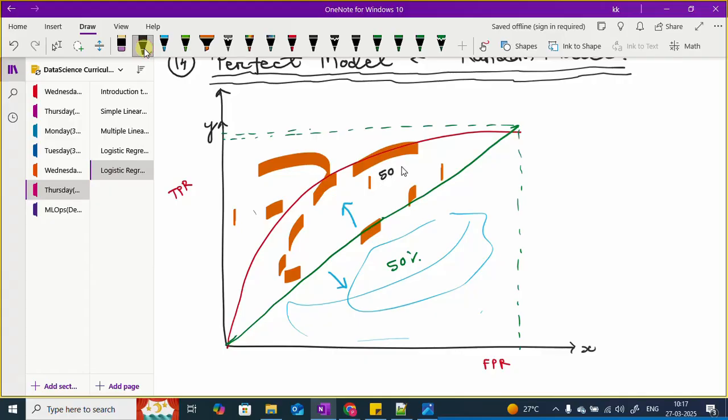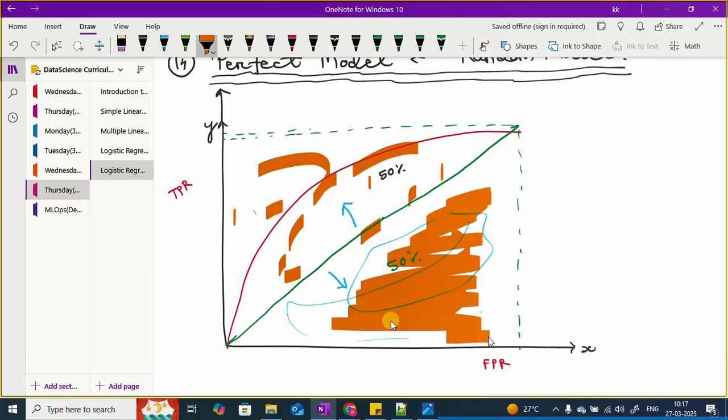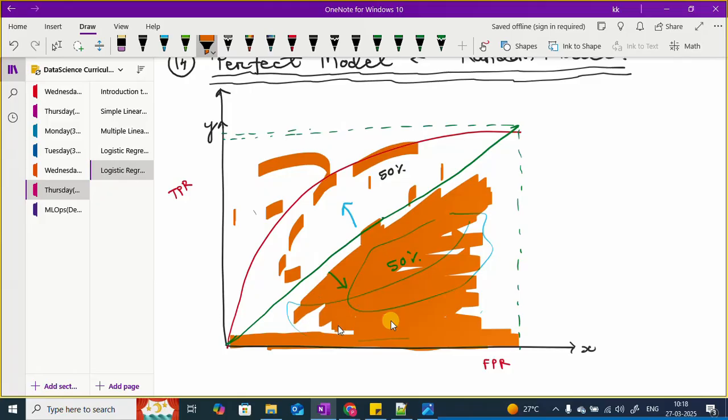Whenever I'm telling 50%, that means any one part, let's say this part only. Let me draw it the proper way, not the above part. Below this green color line, this is called 50%.